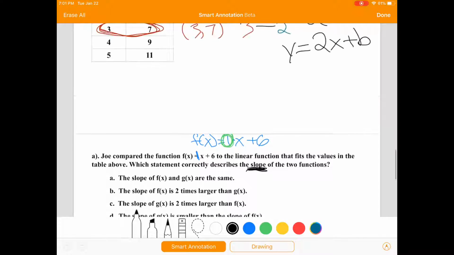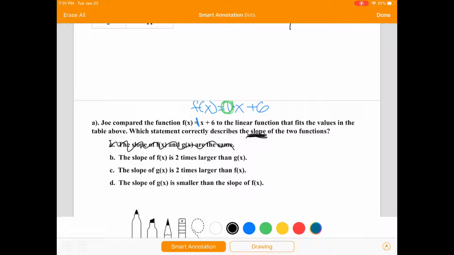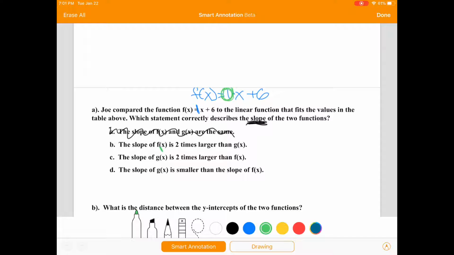So now we're comparing our 1 and our 2, which are our slopes. The slope of f of x and g of x are the same. That's incorrect, so we can mark it out. The slope of f of x is 2 times larger than g of x. Our f of x was 1, our g of x was 2. So the slope of 1 is 2 times larger than 2?